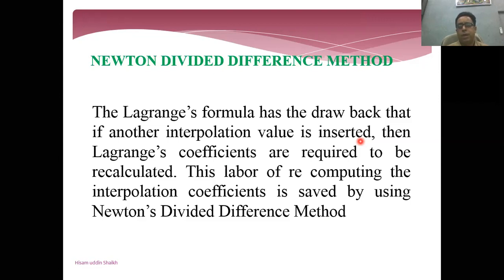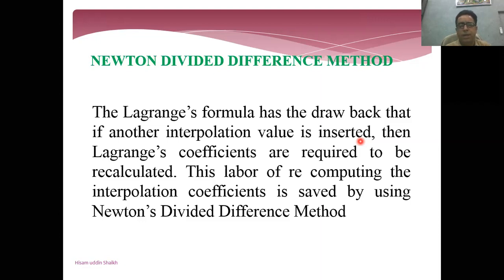So the Lagrange formula has the drawback that if another interpolated value is inserted, then the Lagrange coefficients are required to be recalculated. This labor of recomputing the interpolation coefficients is saved by using the Newton divided difference method.